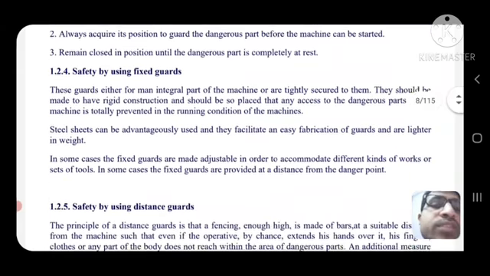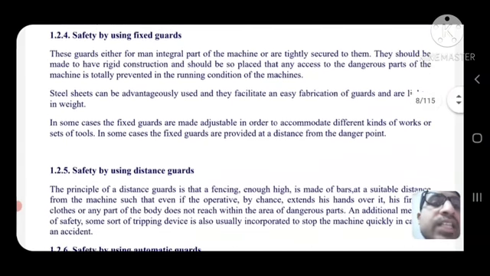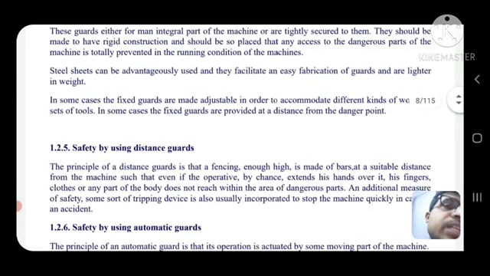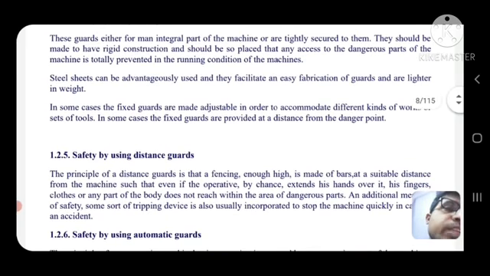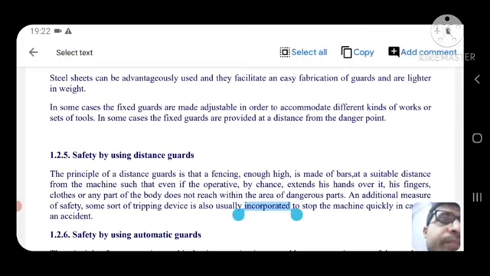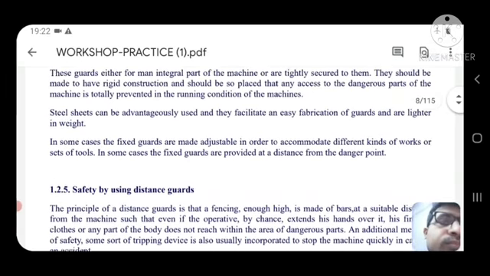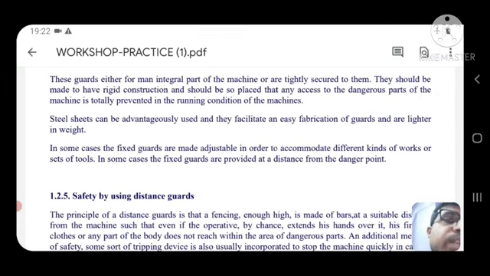Safety by using fixed guards. These guards either form an integral part of the machine or are tightly secured to them. They should be made of rigid construction and should be so placed that any access to the dangerous parts of the machine is totally prevented in the running condition of the machine.